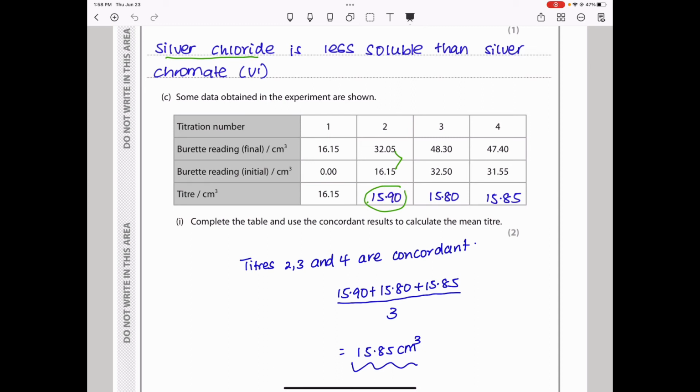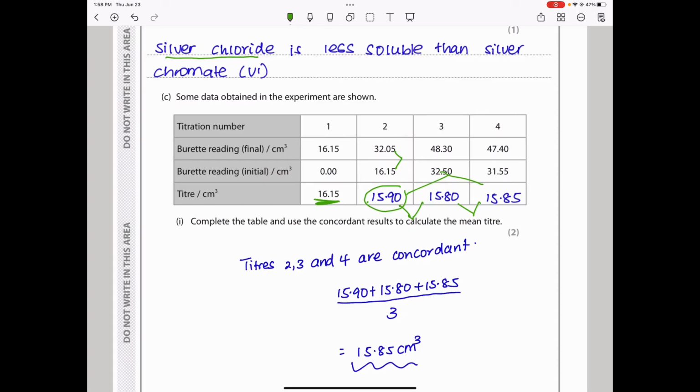So after getting this, that and that, we have to find out if they are concordant. Let's compare this and this. The difference between them is 0.1, so they are concordant. That and that, the difference between them is about 0.05. They are concordant. And then the difference between that and that is 0.05, meaning they are concordant. So all the three results are concordant, but this is far away from the rest.